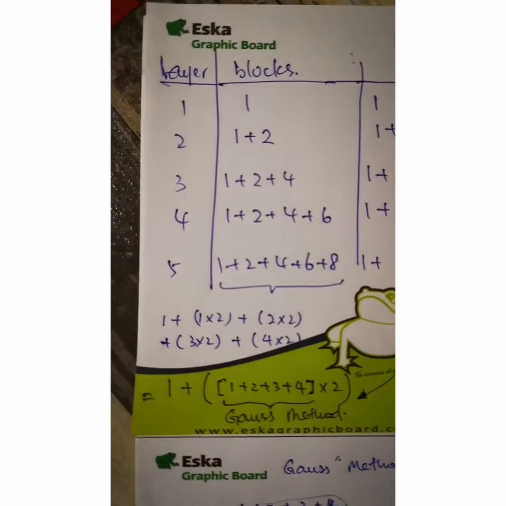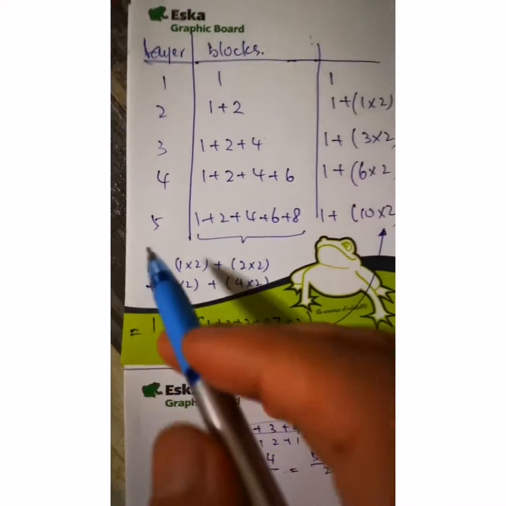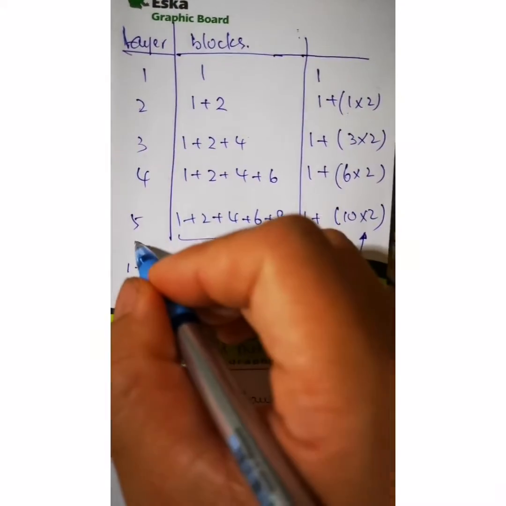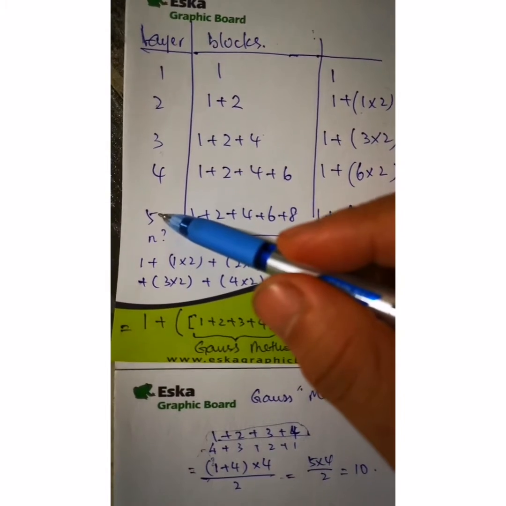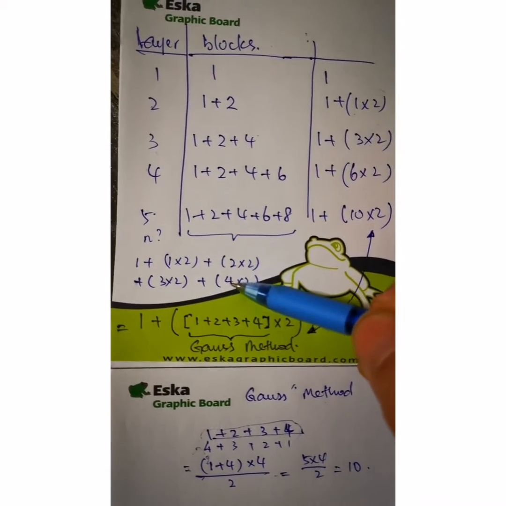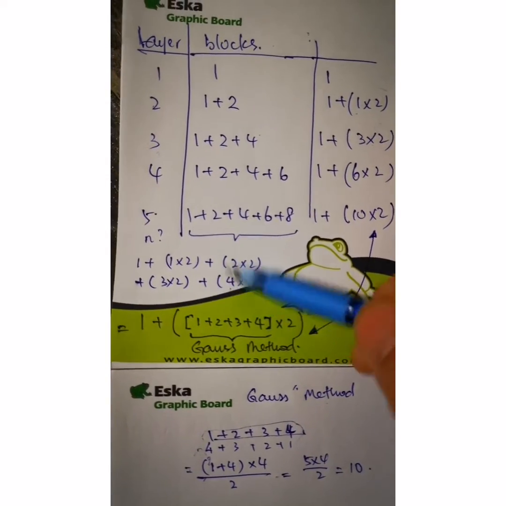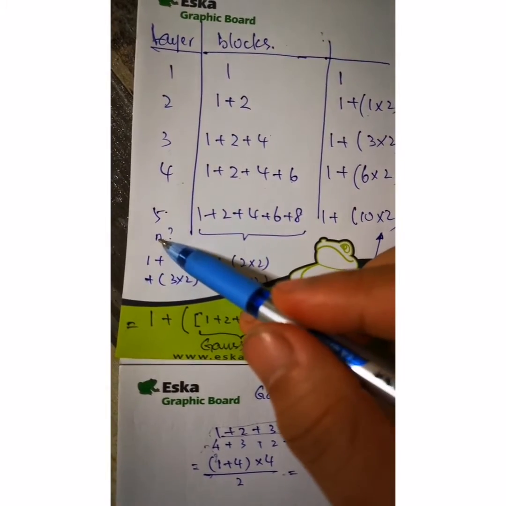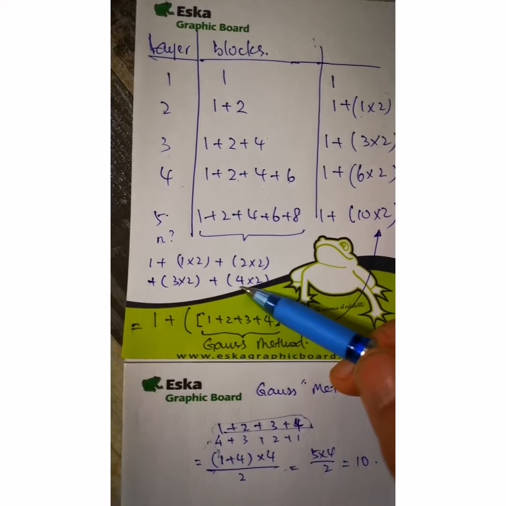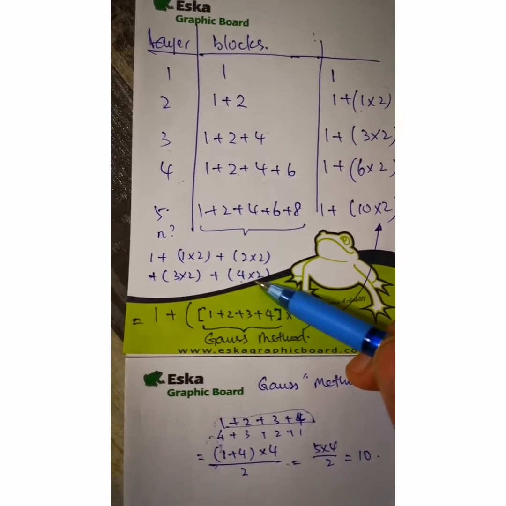Okay, then what if this is layer number n? You realize that if this is layer number 5, I will have 4 groups of this. If this is layer number 4, I have 1, 2, 3 groups of this. So if layer number n, this one will be n minus 1 times 2.